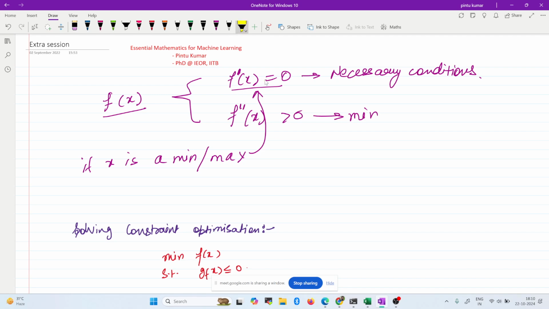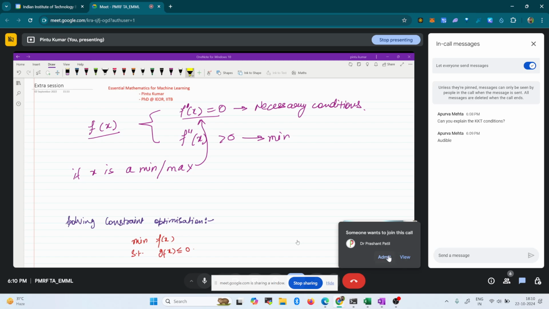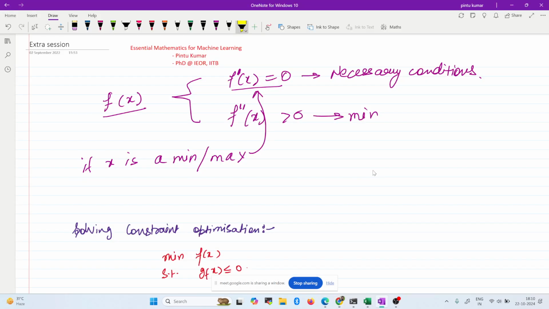If it is 0, you can't conclude much, or in two dimensions, you said it's a saddle point. Along those lines, these two conditions together were your sufficient conditions.